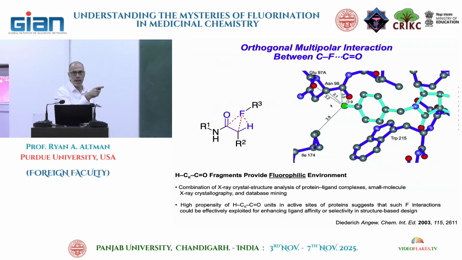And when you do that analysis, you can then go back into the crystallographic database and see how many other co-crystal structures have this type of substructure. And it turns out that quite a few do. The multipolar interaction that I was indicating is here, but there also seemed to be quite a few structures for which there was some type of favorable interaction with the C-alpha.